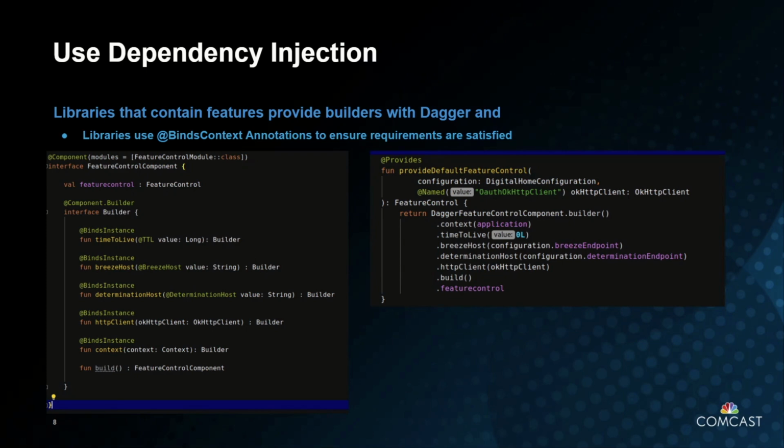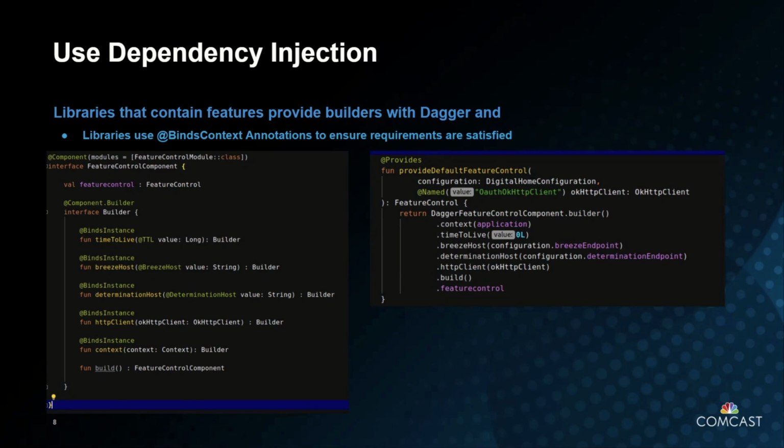And so on the 2 bits of code I have here, the code on the left, at least on my left, the component class, that's an example of a feature library's Dagger builder. And if you're not familiar with some of these annotations, I'm excited to educate you about them.